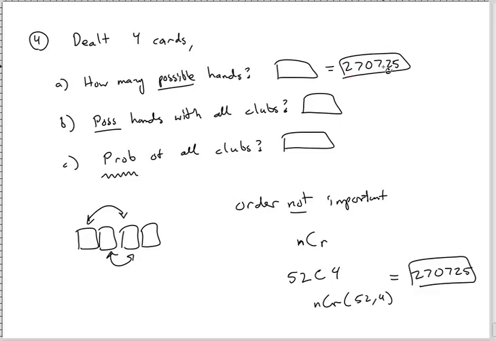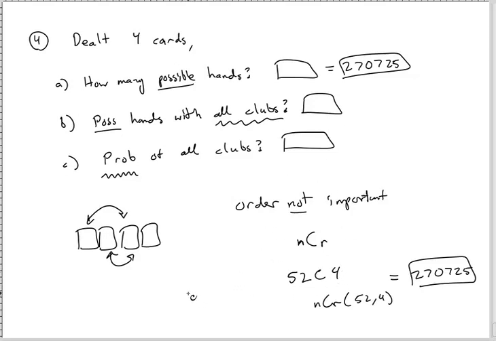That was easy. Part B, it says, what's the possible hands with all clubs? So now I'm wanting how many hands could I have all clubs? And so that could be a 2, 3, 4, 5, or it could be a jack, queen, 2, ace. I don't know. I'm just making some things up. Lots of different ways. So what I would do here is, again, order still not important.